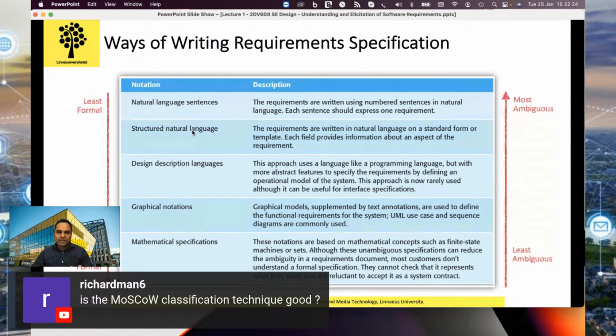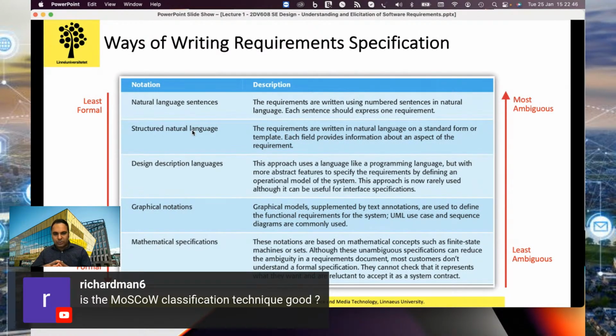Depending on the type of notation, natural languages are least formal, whereas mathematical notations are most formal. And being least formal, natural languages are also most ambiguous, and mathematical notations are least ambiguous.